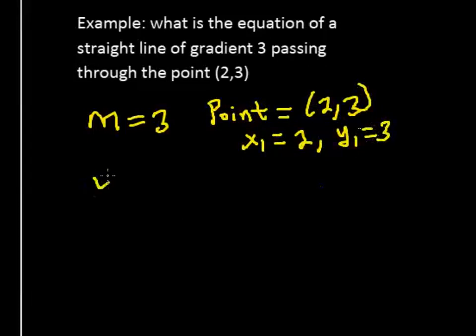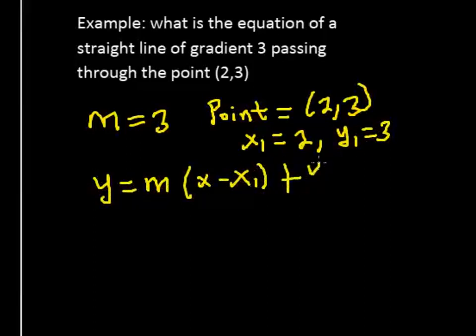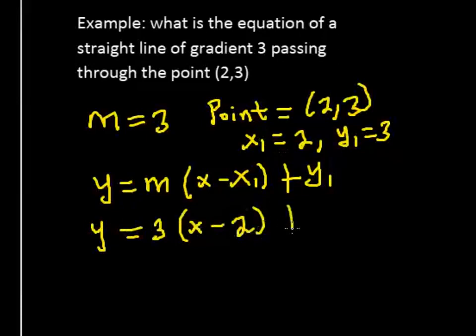So we're going to apply our formula, the point slope method: y is equal to m, open bracket, x minus x1, then plus y1. So let's put in the values. y is equal to m, which is 3, open bracket, x minus x1, and x1 here is 2, then plus y1, which is 3.